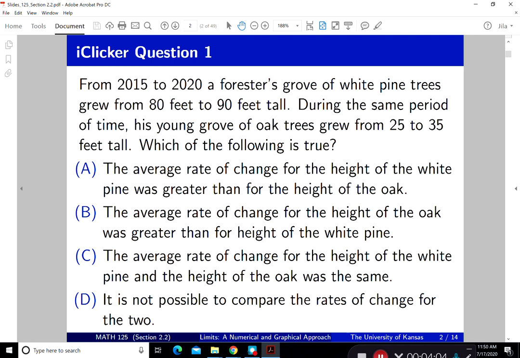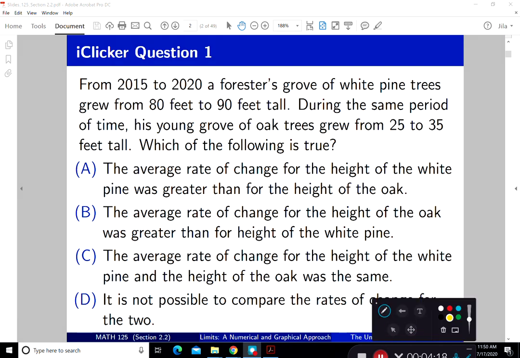After a little bit of pause, let's discuss what we're seeing. So what is the average rate of change? For the white pine, it's going to be 90 minus 80, divided by 2020 minus 2015, which is 5.